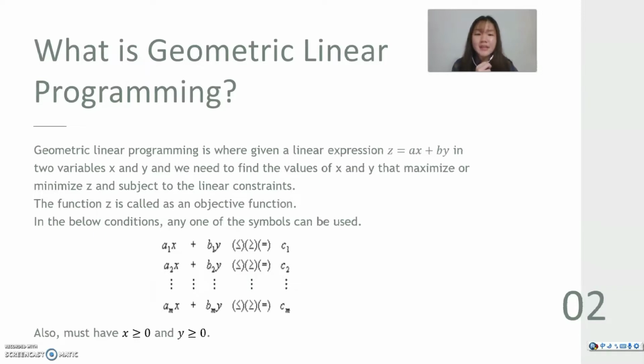The function z is called an objective function. In the below conditions, any one of the symbols can be used. The first constraint is like a1x plus b1y, and the second constraint can be written as a2x plus b2y, and so on. And also we must remember that x and y must be equal to or greater than 0.